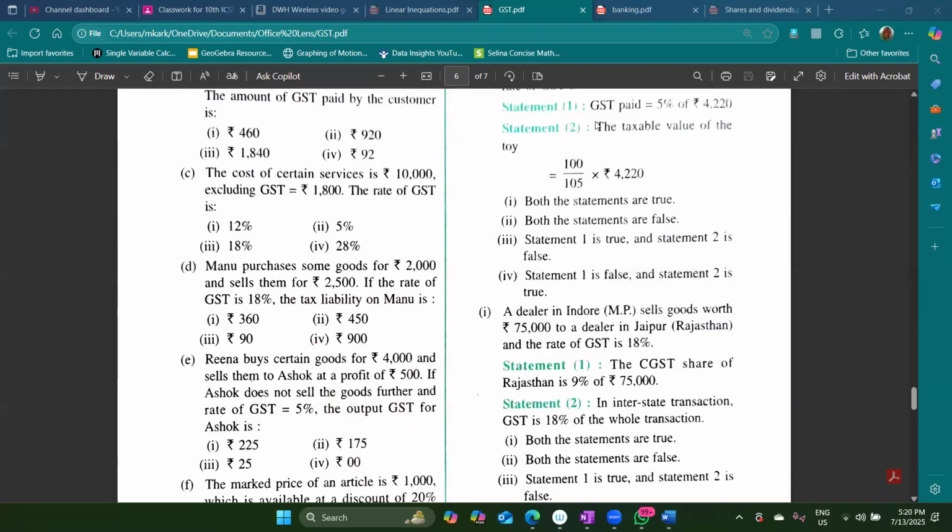Correct, Soham. Correct, Advait. Zero, Aniket. Did you type wrong? Correct, Riya.